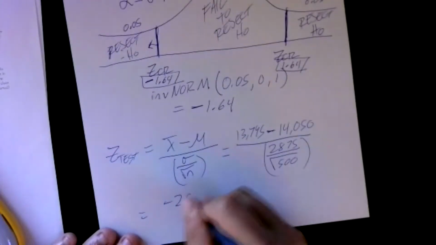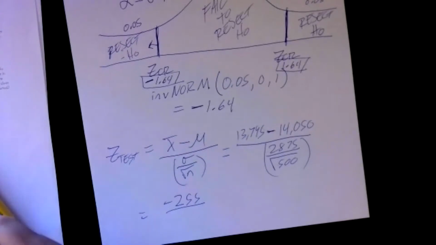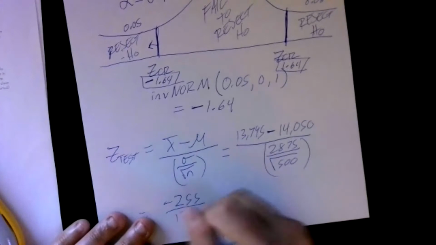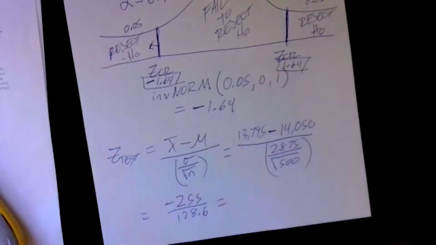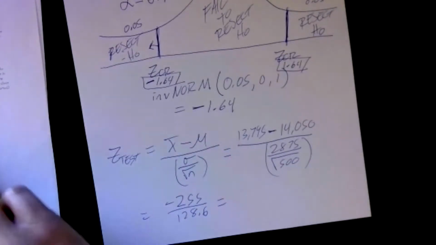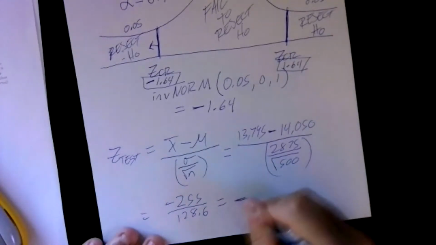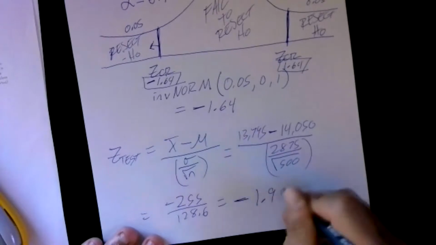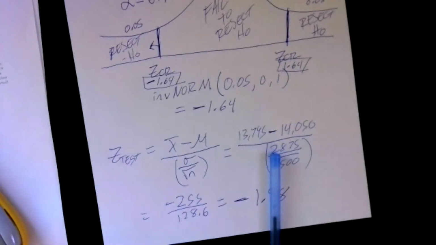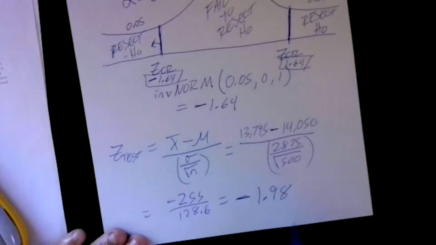Negative 255 on top. 128.6 on the bottom. Which is negative 1.98. Now, the test statistic is negative 1.98.